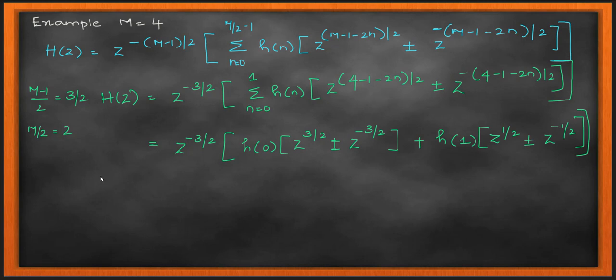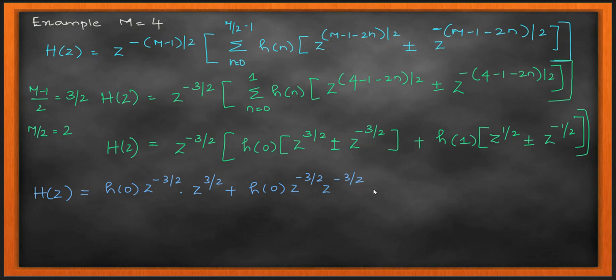Good. So when I open this, I get h of 0 into z of 0 plus h of 0 into z of minus 3 plus h of 1 into z of minus 1 plus h of 1 into z of minus 2.